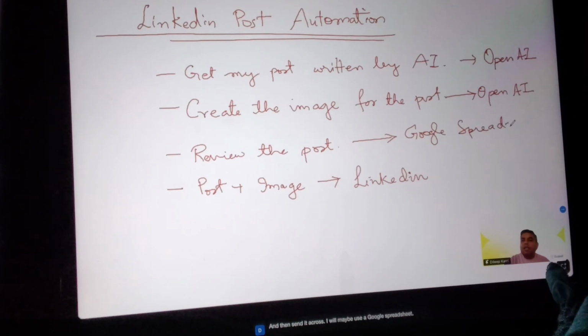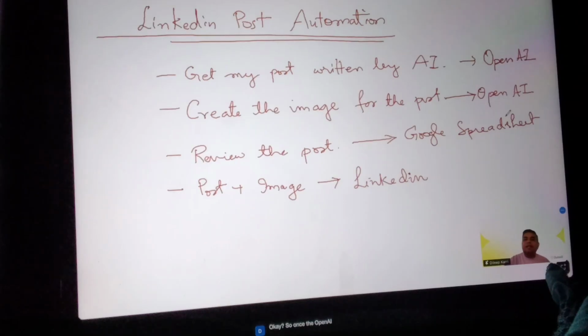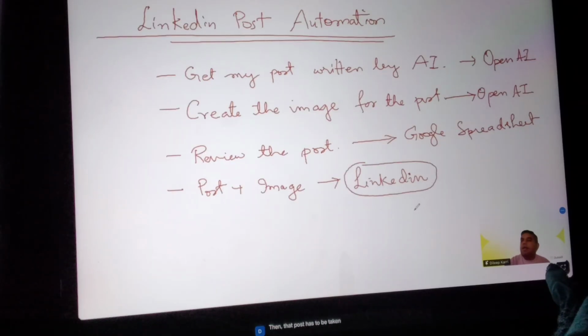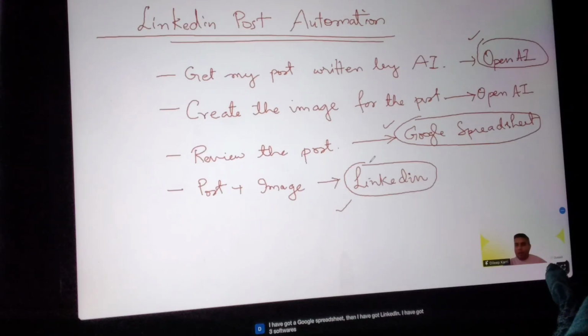Once OpenAI creates everything, it will put the post for review on the Google spreadsheet. And with the Google spreadsheet, I will look at the post and say it is good. Then the post has to be taken live on LinkedIn. So I have got OpenAI, I have got a Google spreadsheet, then I have got LinkedIn. I have got 3 softwares that are available.